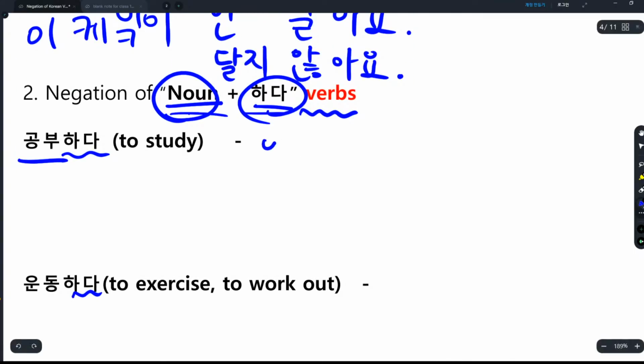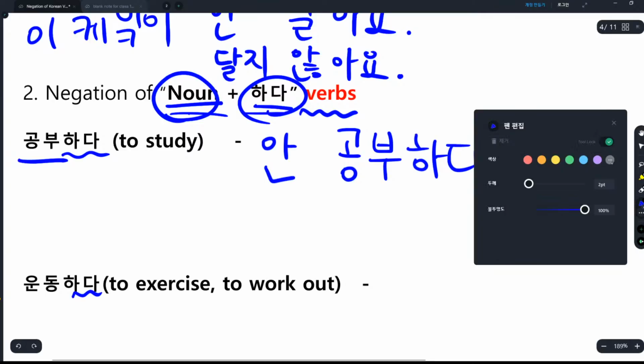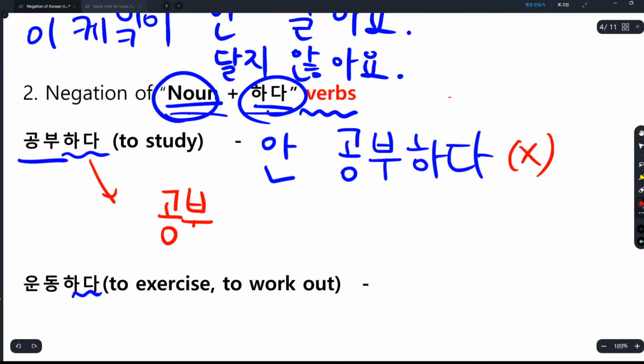So if you follow the regular negation rule that we learned so far, it would be 안 공부하다, right? However, this is a wrong way to negate the 공부하다 verb. Let me drink more tea. Actually, when you negate it, you first have to separate the noun and the verb 하다.